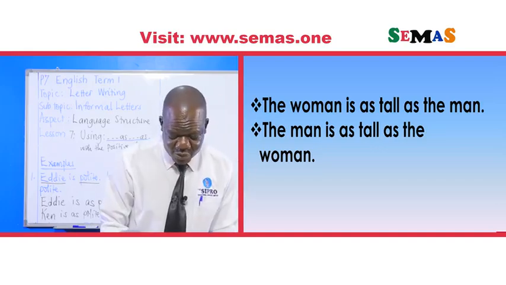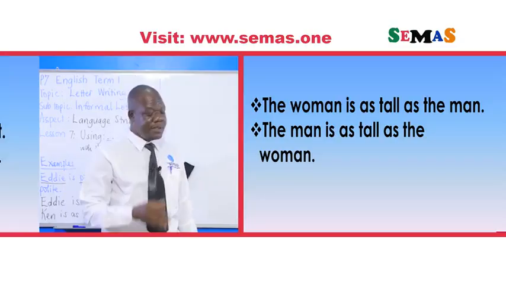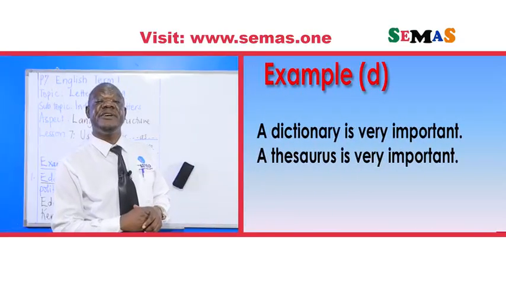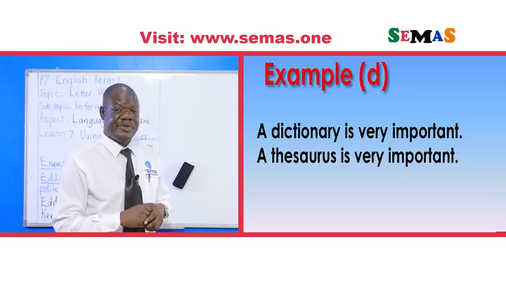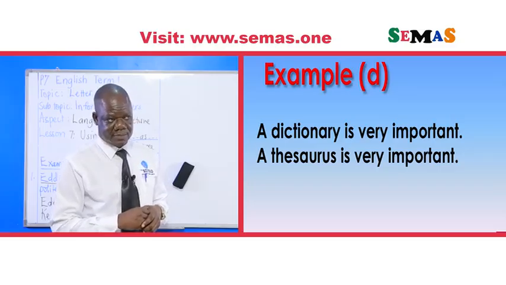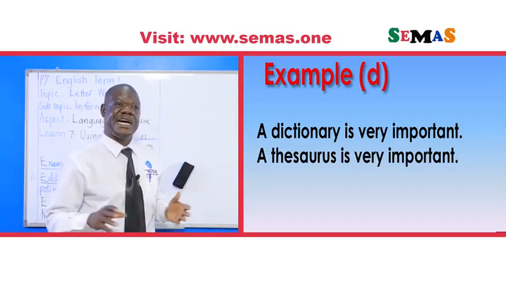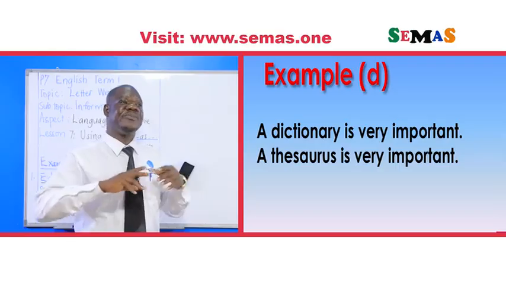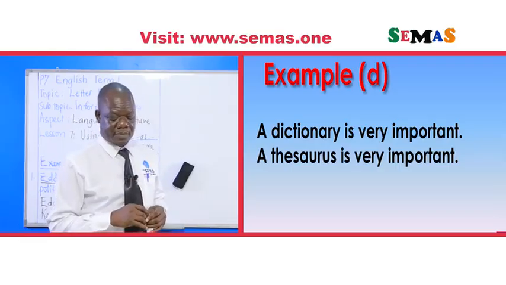The last example is on the screen. A dictionary is very important. A thesaurus is very important. Don't mind about very. But that shows us that the level of importance of these two books is the same.